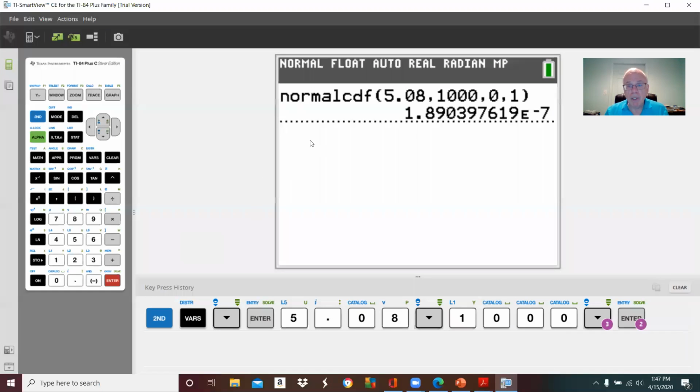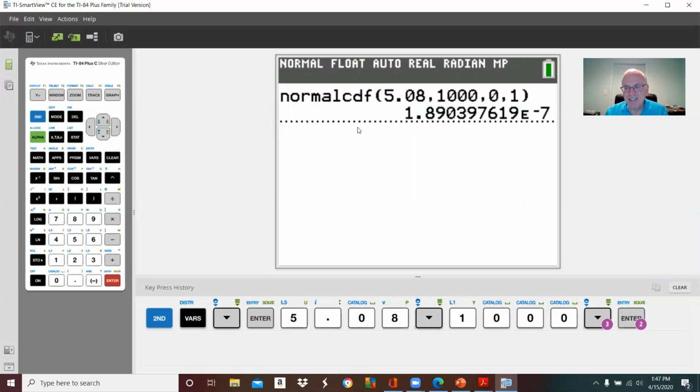And look at the probability we get, 1.89E. The E here represents the power of 10. So this says 1.89 times 10 to the negative 7 power. That's called scientific notation. That means we move the decimal point to the left 7 positions, which means we're going to end up with 6 zeros, 0.6 zeros, and then if we round this up to a 2, it would be 0.00000002.